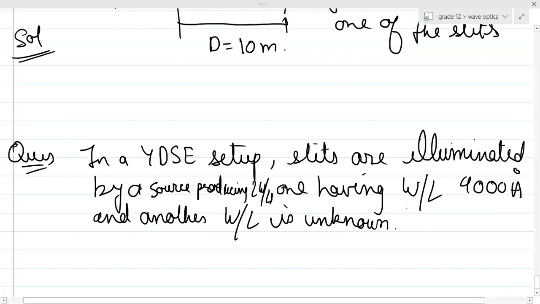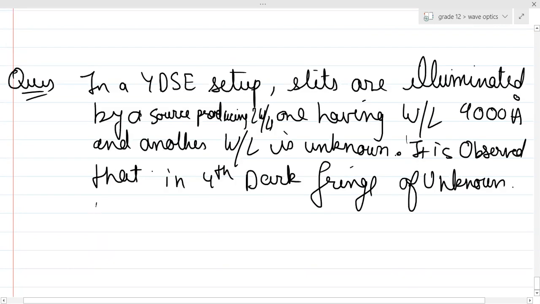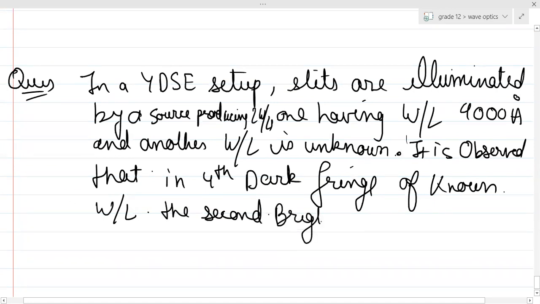Do you understand? Now see the question. It is observed that in the fourth dark fringe of the known wavelength, the second bright of unknown wavelength is coinciding.